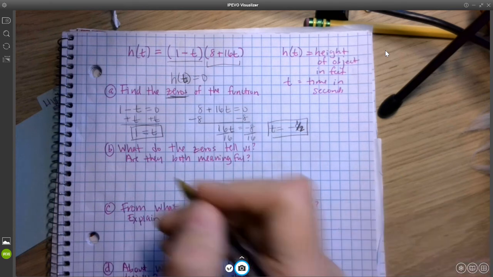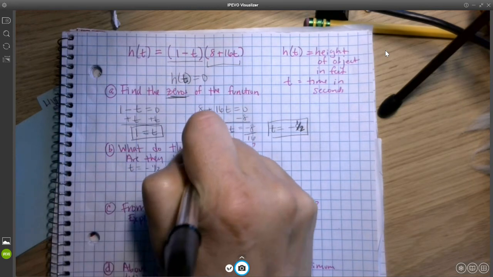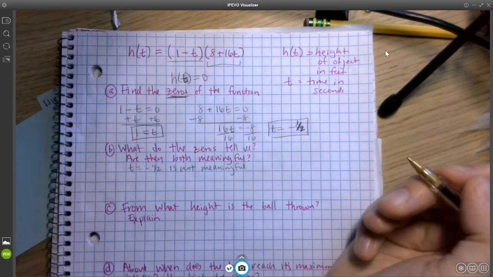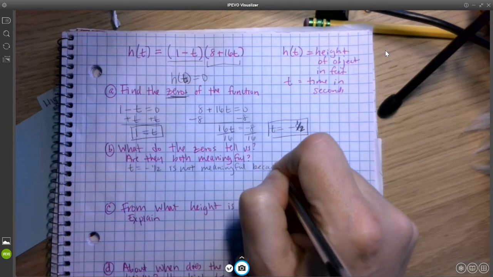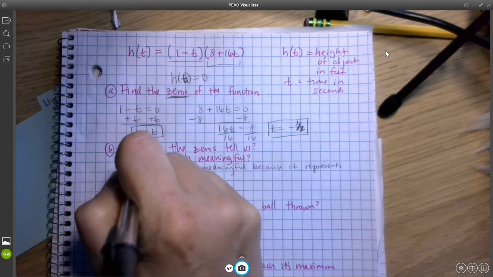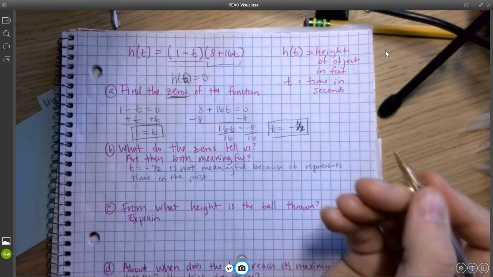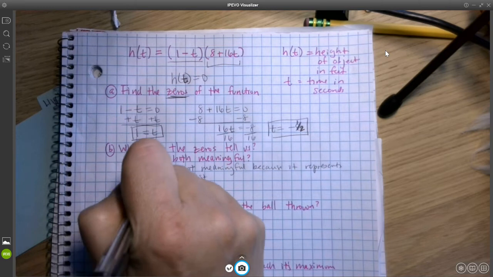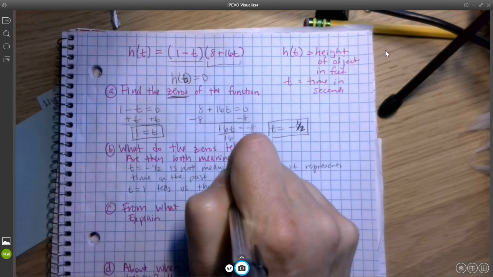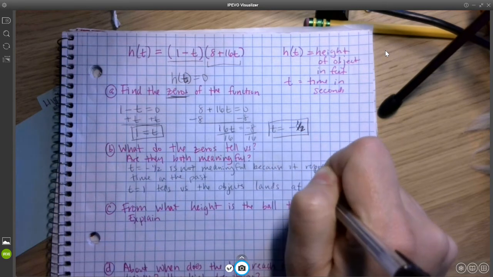They're not both meaningful. t equals negative 1/2 is not meaningful because it represents time in the past, which makes no sense. t equals 1 tells us the object lands at 1 second.